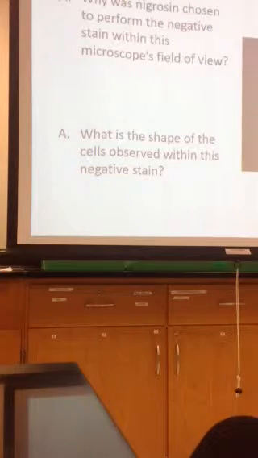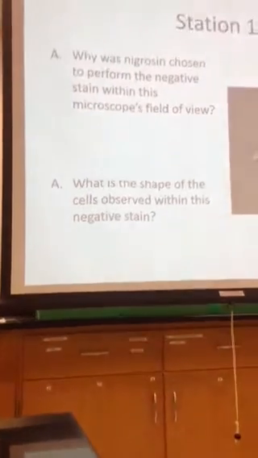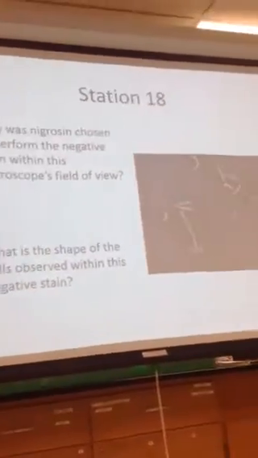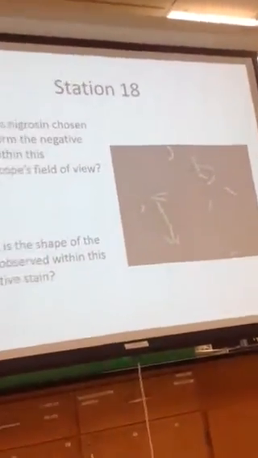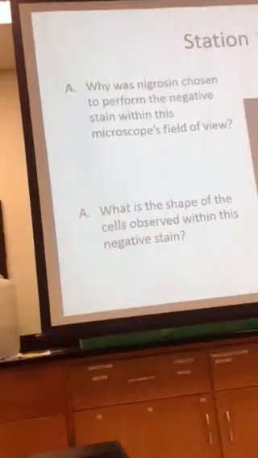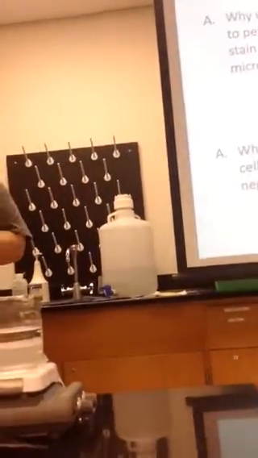All right, so why did we use nigrosin for this stain? Well, you do see the background, but that's not why you'd want to do it. What is the purpose of a negative stain? I know we went over this. Why do we do negative stains? What do you get to see?